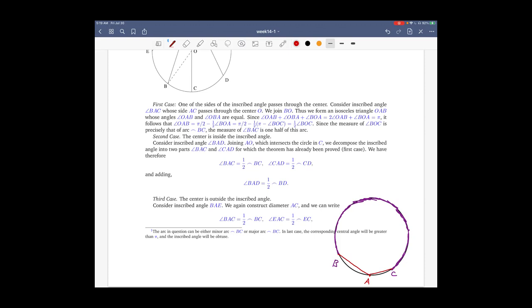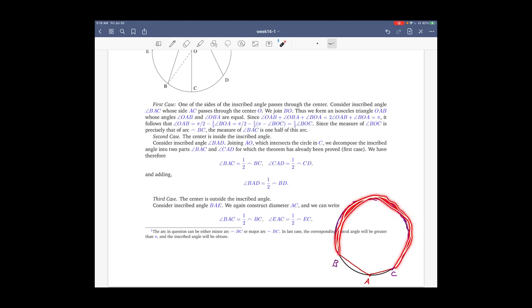BAC is an inscribed angle, and this here is the arc, again, the one, we have two arcs, this one and this one. We always need the one that doesn't contain the third point, A. In this situation, it's this big arc.